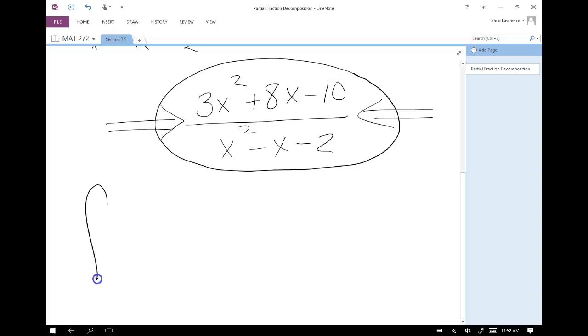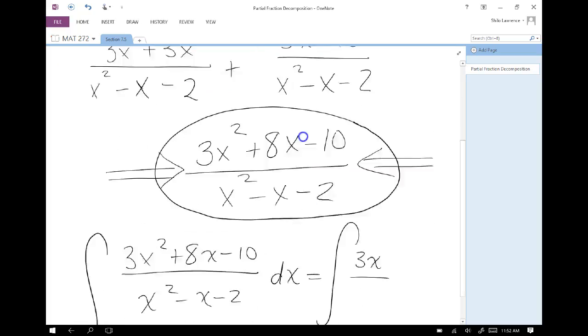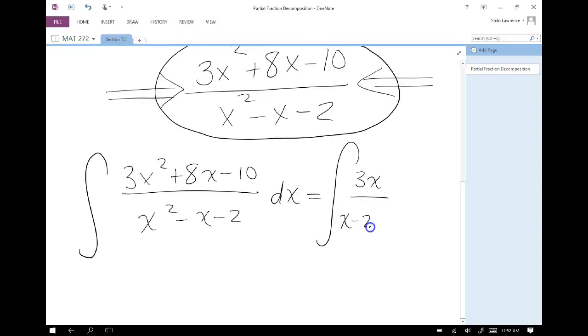So if I wanted to integrate 3x squared plus 8x minus 10 over x squared minus x minus 2, if I could get that separated into two separate terms, we can integrate them individually. And this started out as 3x over x minus 2 plus 5 over x plus 1. Now, if we can get them separated with addition or subtraction, then we can integrate them separately.